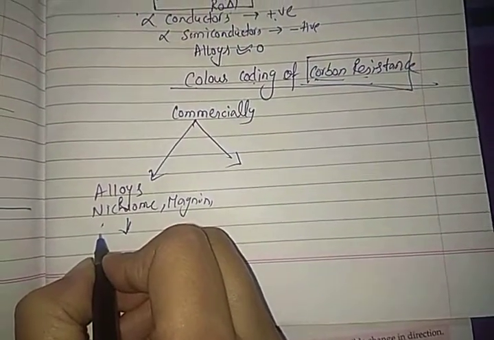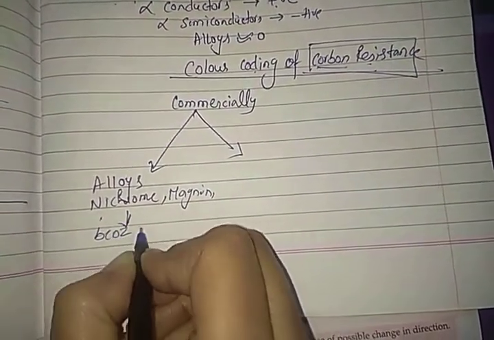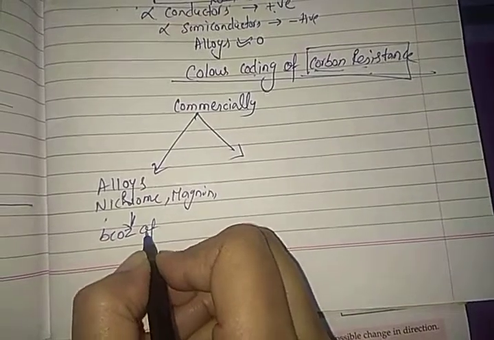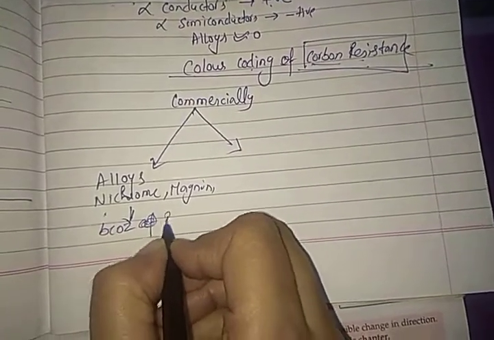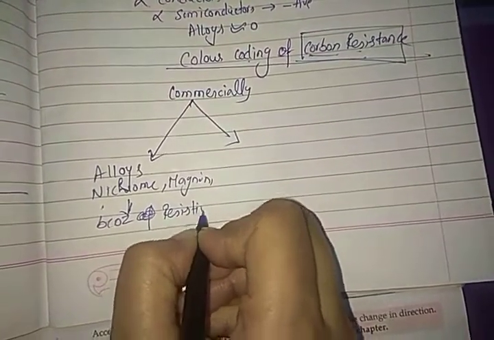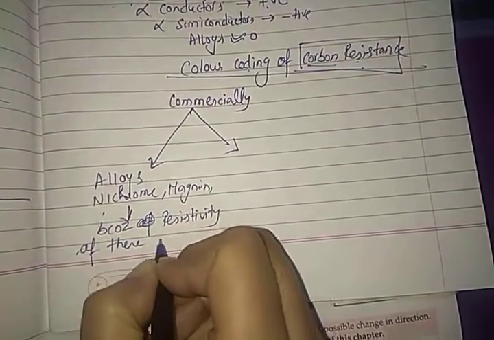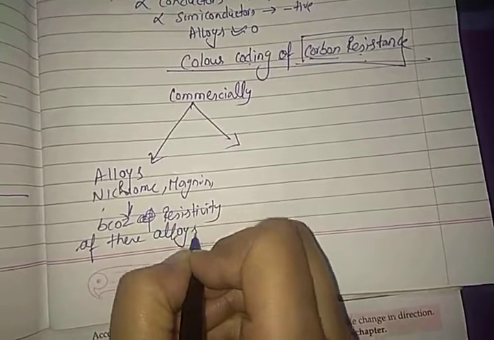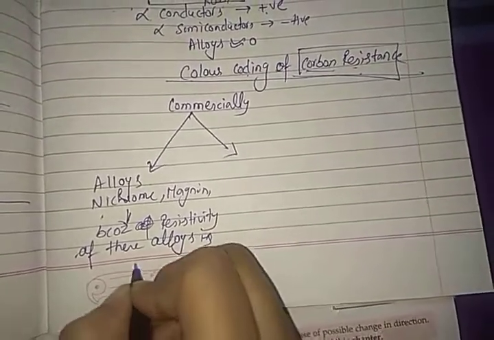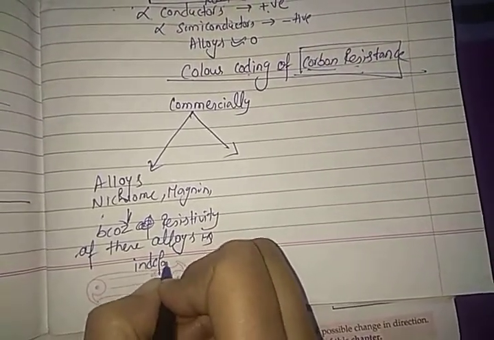And why are we using it? Because the resistivity of these alloys is independent of temperature, as we have seen in the derivation.